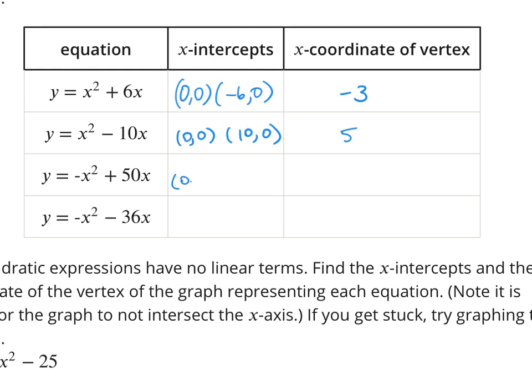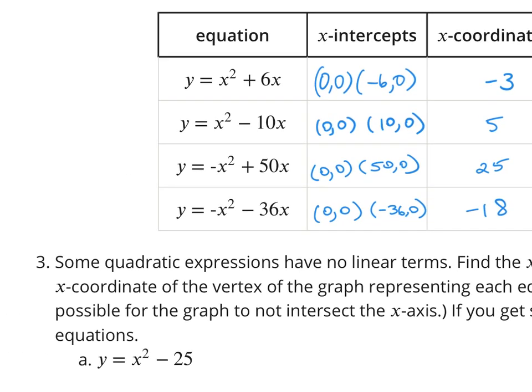So that becomes 0, 0 and 50, 0. Again, for my x-coordinate, I just go halfway between 0 and 50, which is 25. Okay, for the last one, this one's going to be a shift to the left. So my x-intercepts are going to be 0, 0 and negative 36, 0, with my x-coordinate being negative 18.